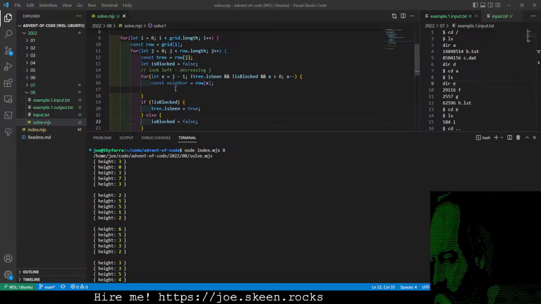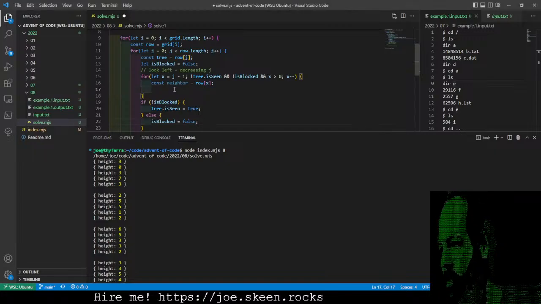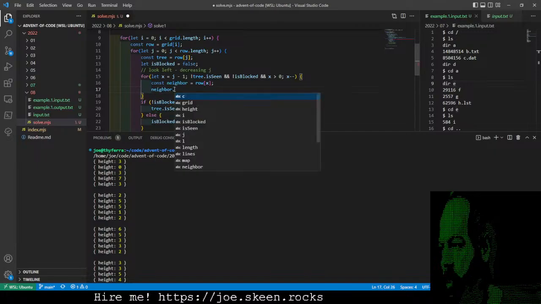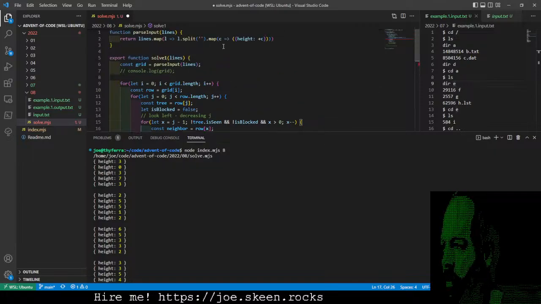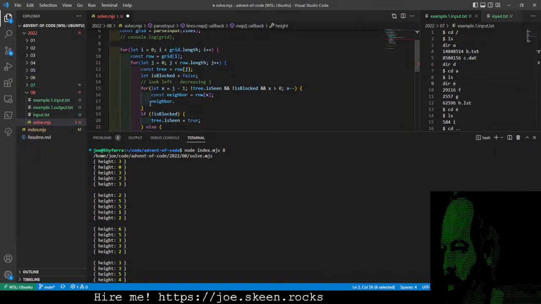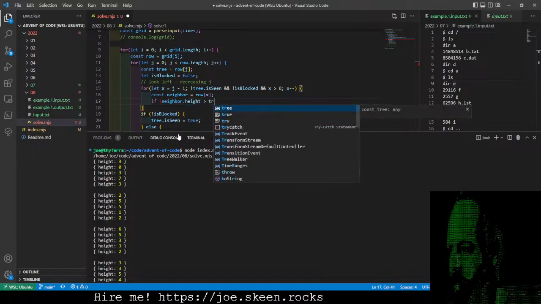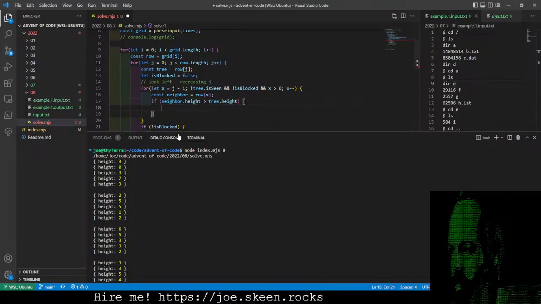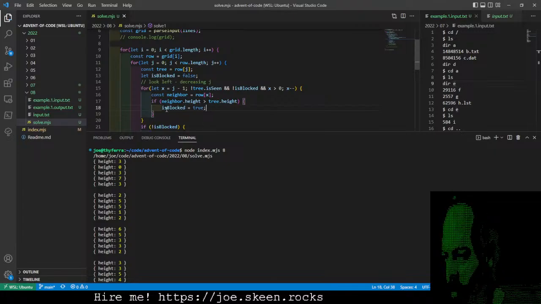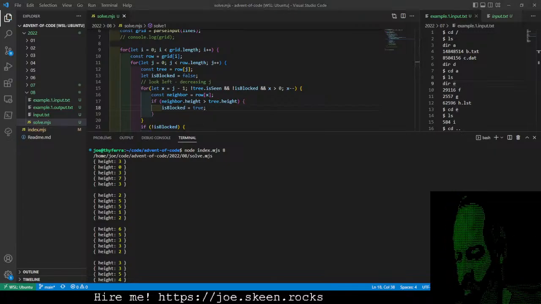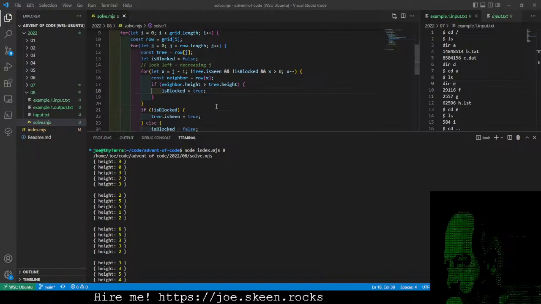Otherwise, reset is blocked, so we can start looking in the next direction. Okay, I think that should work.